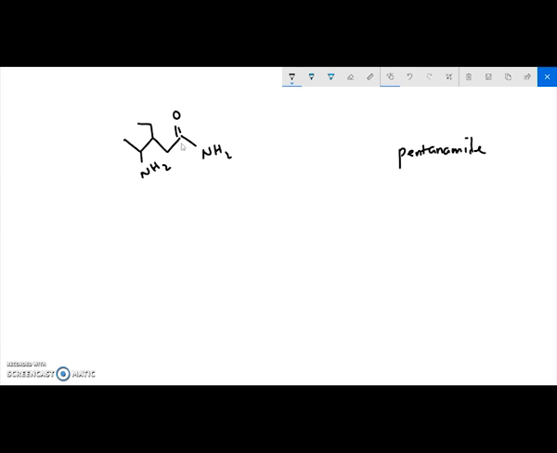At the same time, we have substituents located at the third carbon and also the fourth carbon of the parent chain. The fourth is amino, while at the third carbon we have the ethyl group. Again, the name should be arranged based on alphabetical order. So we have 4-amino-3-ethylpentanamide.